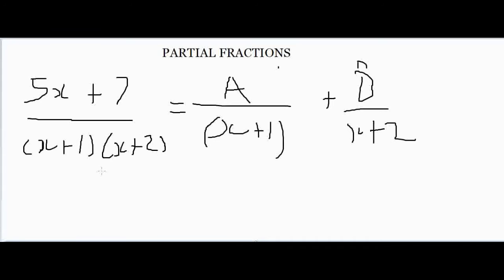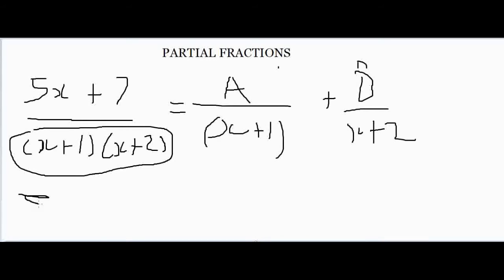Now, what we'll do from here, we will multiply everything by this full function down here. These two factors down here, we multiply everything by them. So obviously, if we multiply this whole term by this, we will just end up with the numerator alone because it's going to cancel out.